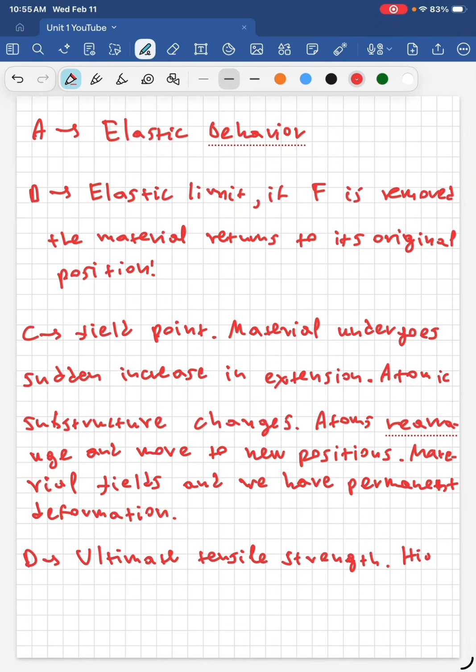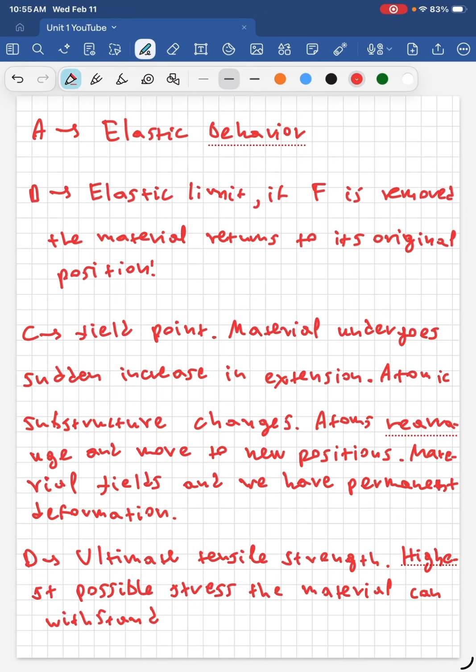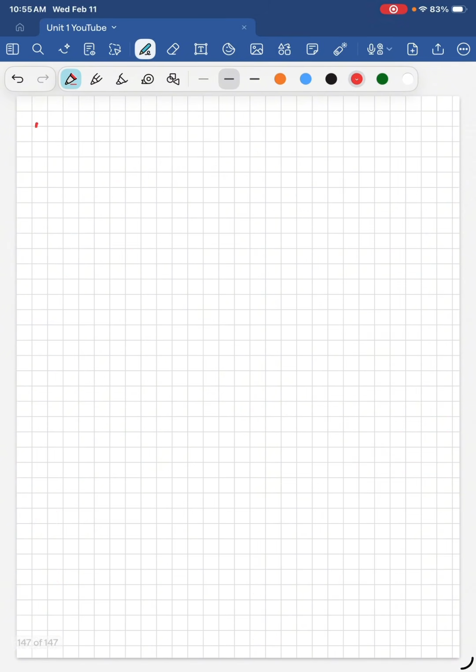It's the highest possible stress the material can withstand. And sigma max is then F max over the cross-sectional area. And then E is the fracture point. So the material simply breaks. It doesn't extend anymore. It just breaks.